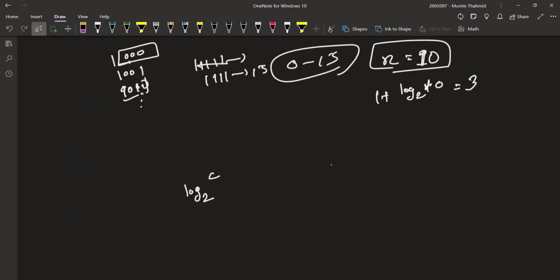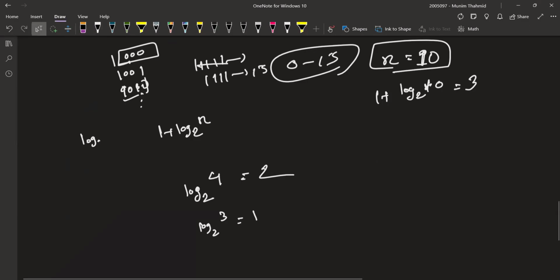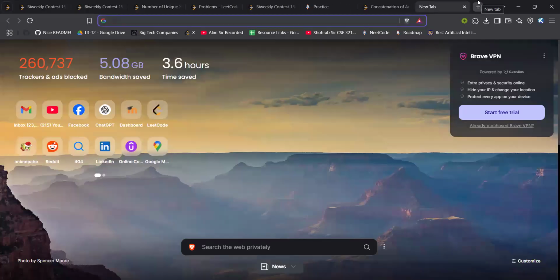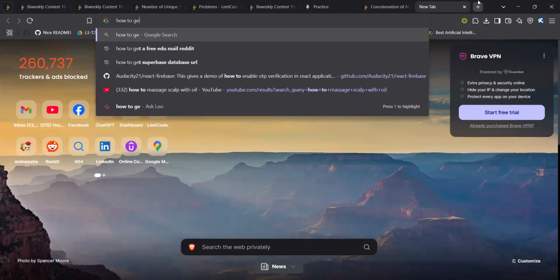For example, log 2 of 4 gives us 2, log 2 of 3 gives us 1. Yeah, 1 plus log 2, I'm not sure though. Let's just search on Google.